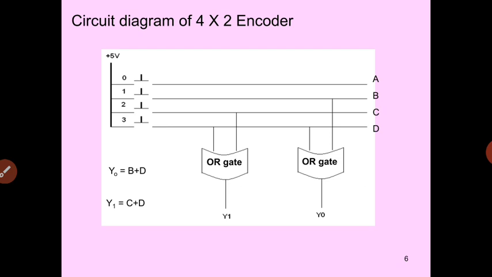A, B, C, D are the 4 inputs, and the corresponding outputs will be Y0 and Y1. Y0 will be equal to B plus D, and Y1 will be equal to C plus D. So this is nothing but a simple 4x2 encoder.